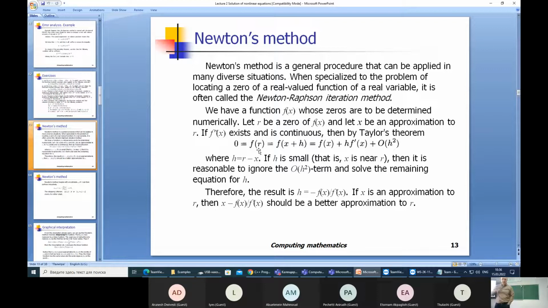It's all written on the slides. And this formula gives us that if x is an approximation to the root, then x plus h will be a better approximation of the root.